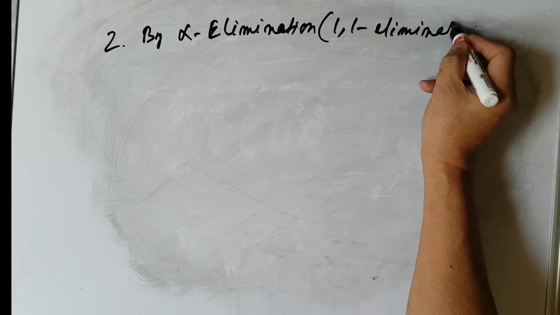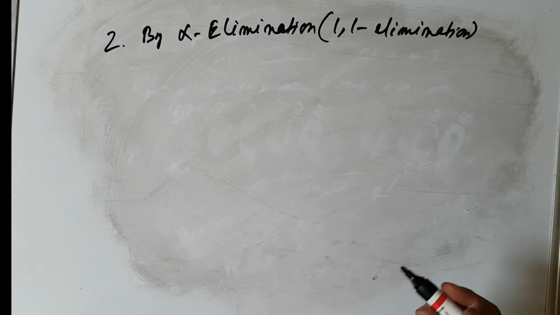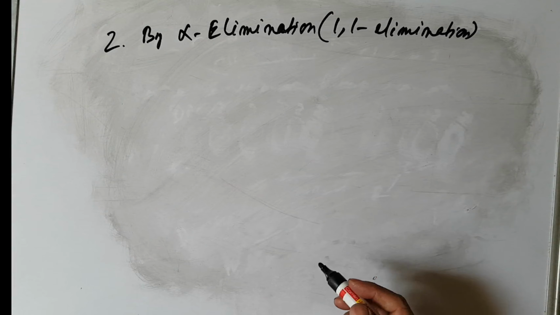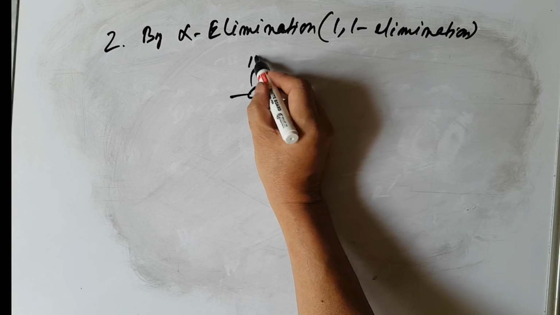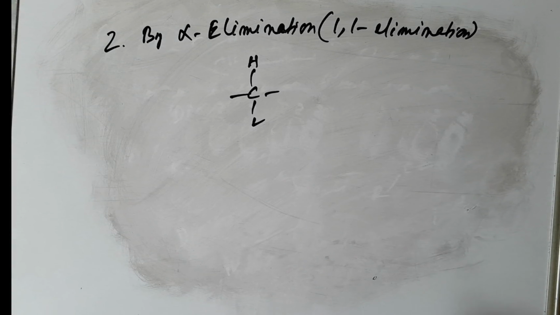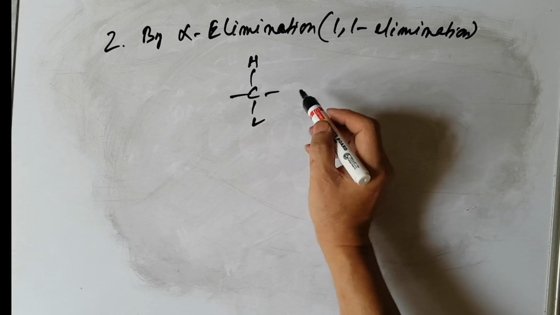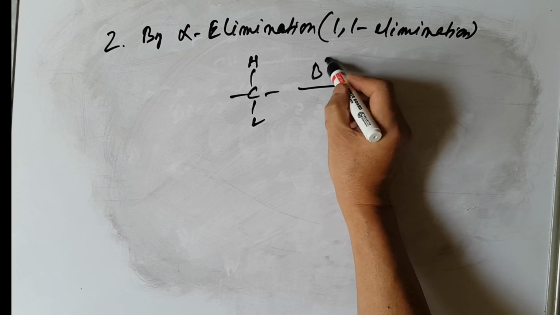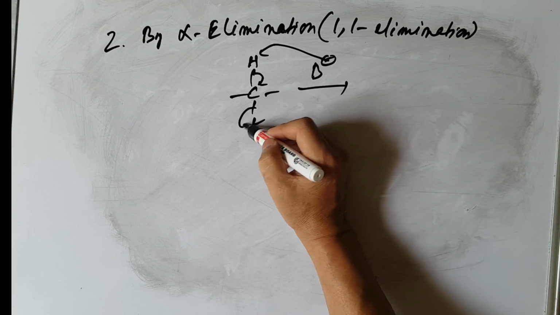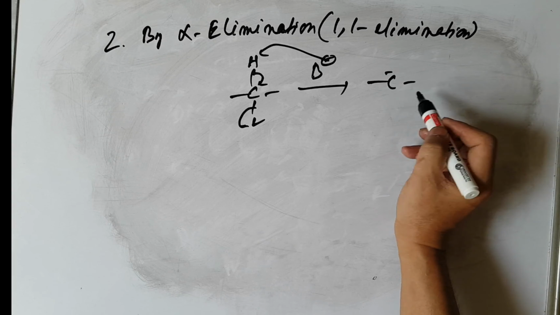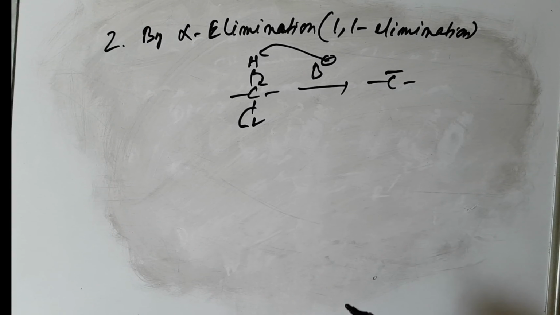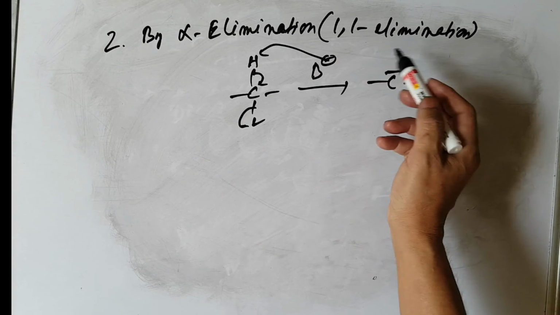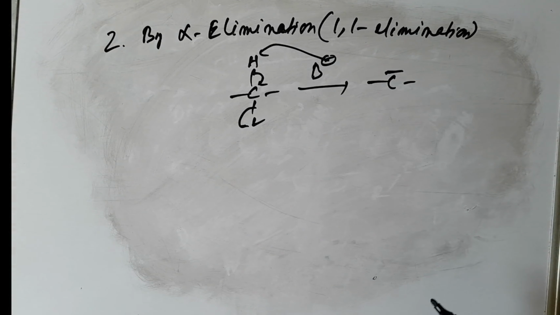What is alpha elimination? If two groups or two atoms are removed from the same carbon atom, by base or like this, then you get the carbene. So that is said to be alpha elimination.